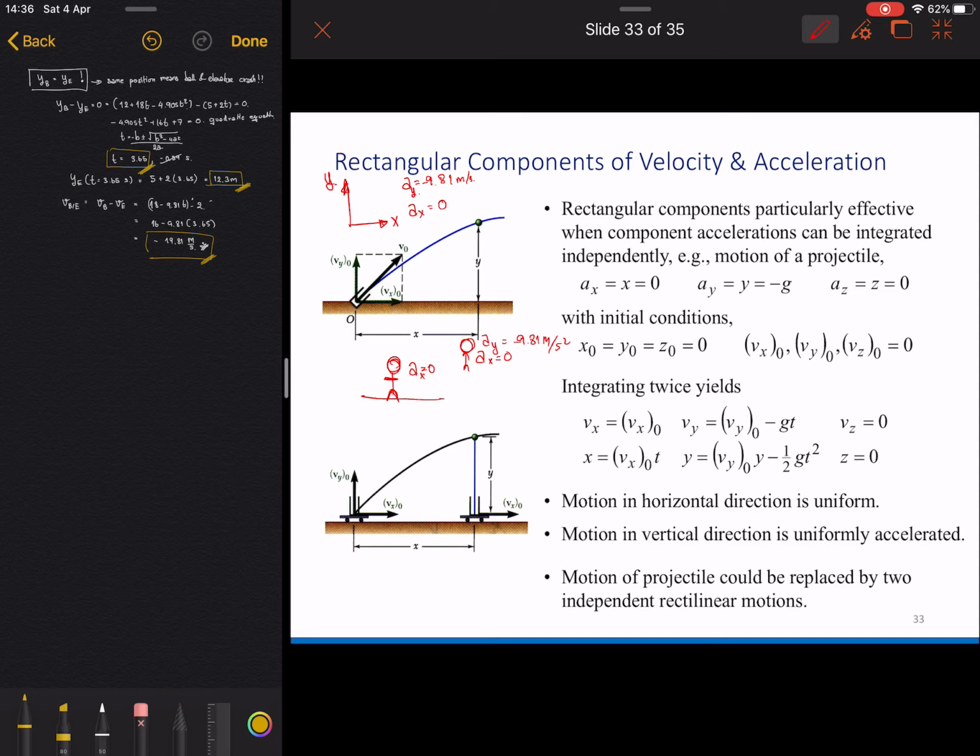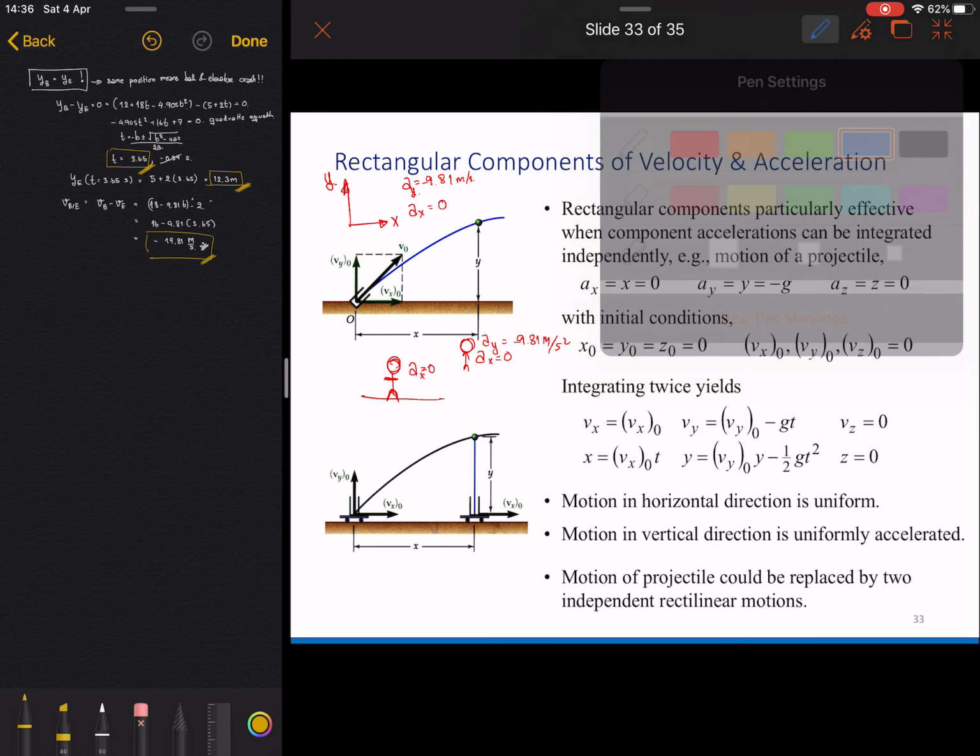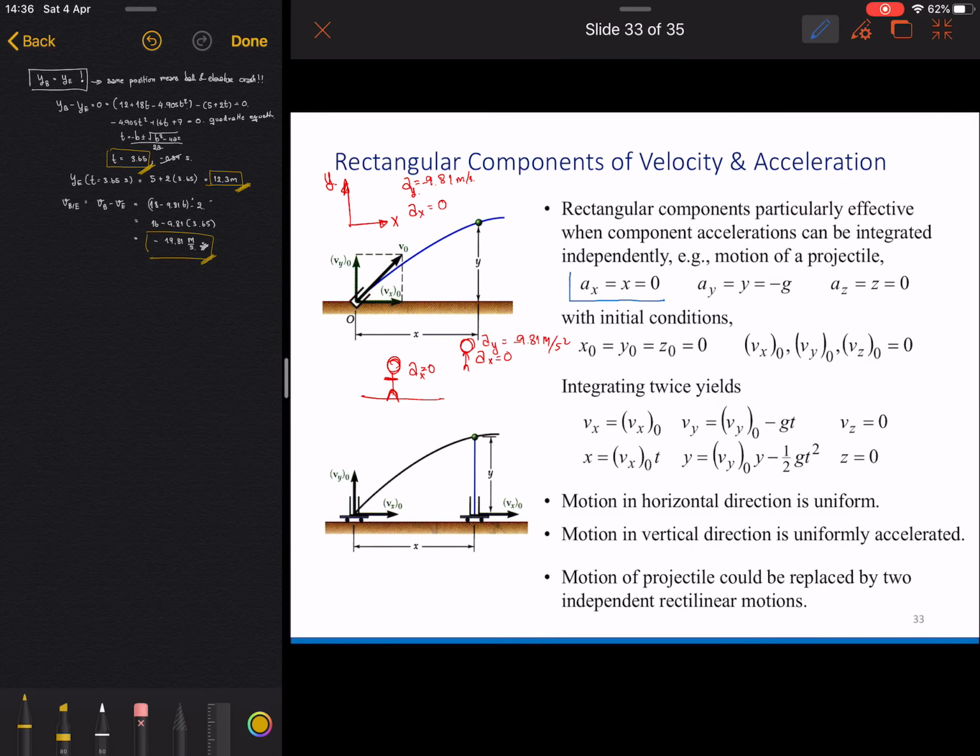So that's why in these 2D problems, please also understand that ax is always equal to 0, ay is always equal to minus g, the gravitational acceleration, and az is also equal to 0 if we have 3 dimensions.